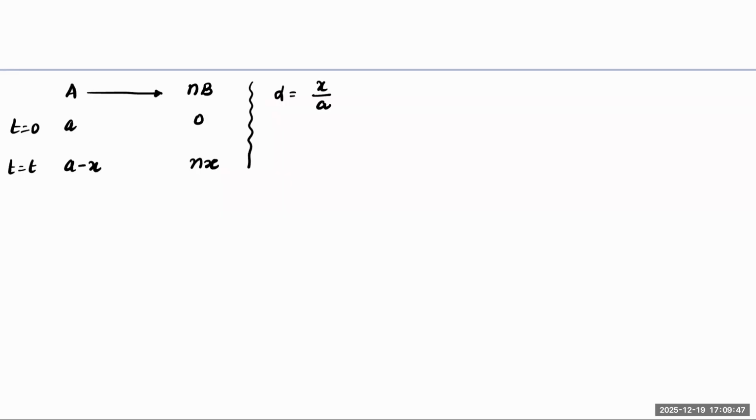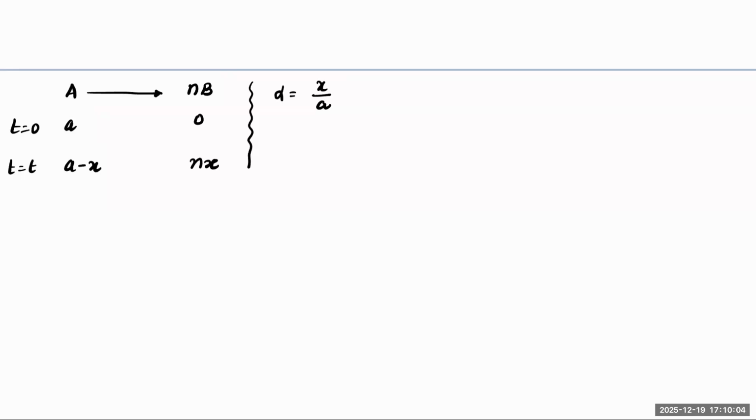The first term we will learn here is the initial number of moles. Initially I have only A moles here. This A moles can be related to its volume as well as its density.